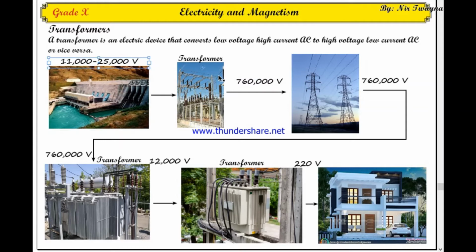The voltage of current is increased by this transformer, whereas the voltage of current is decreased by this transformer and further decreased by this transformer. This type of transformer which increases the voltage of current is called a step up transformer.